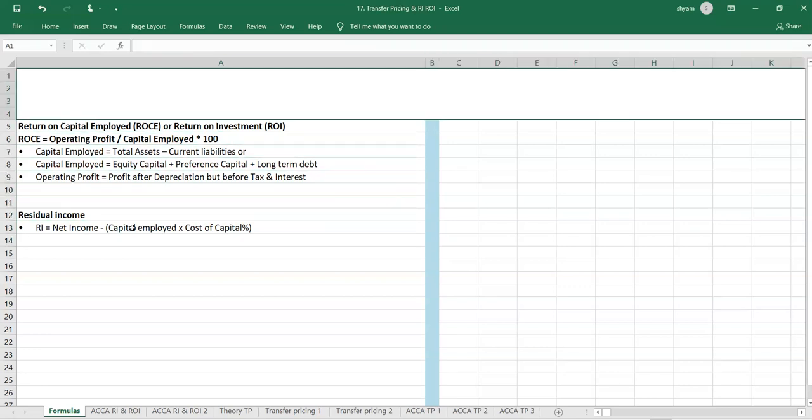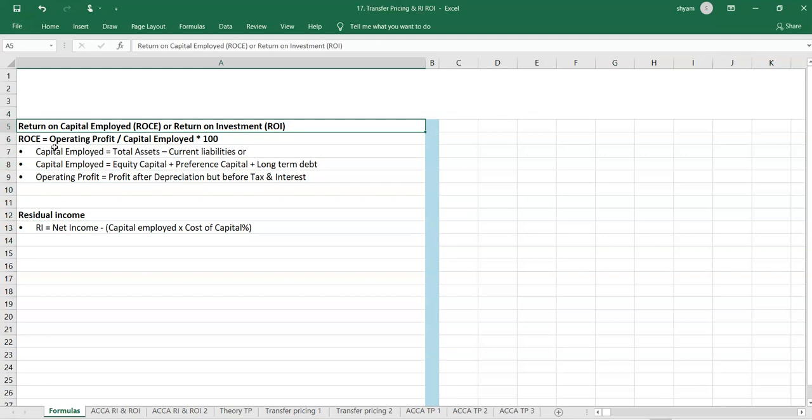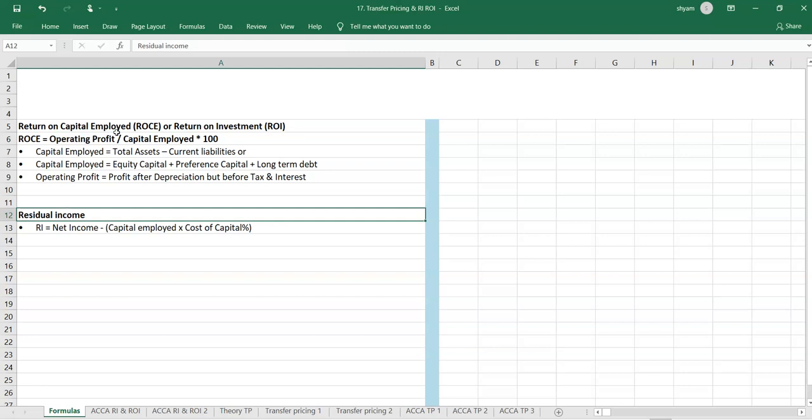So this is the formula which we have to use for both ROCE or ROI, and the other one is RI. Both of these have their own advantages and disadvantages. ROCE or ROI will give you a percentage number, and RI will give you an absolute number, or a whole number. So that's about the formulas here.